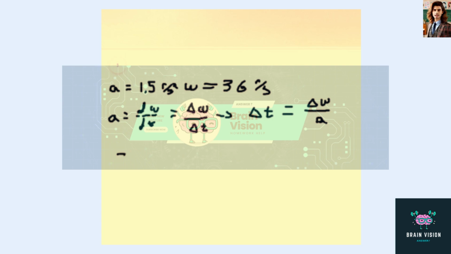So that'll be 36 radians per second, divided by a constant acceleration of 1.5 radians per second squared. If we take 36 and divide that by 1.5, we get 24 seconds.